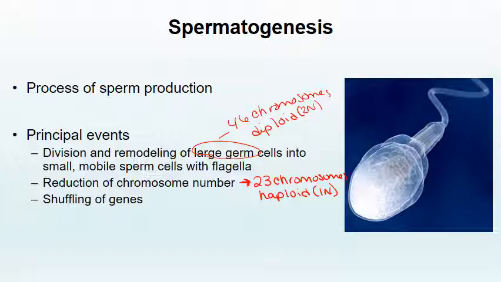So we do need to reduce the number of chromosomes. And the other important thing, and I mentioned this I think on the very first slide of this lecture, is this idea of shuffling genes to produce genetically unique offspring. So this is sort of the overall goal or series of events that leads to our sperm.